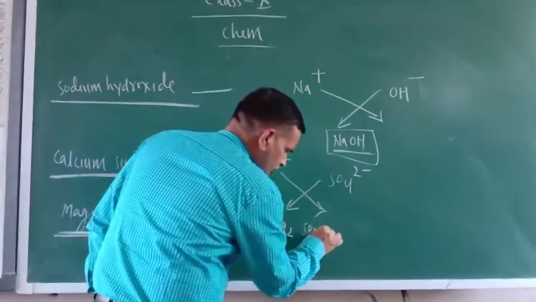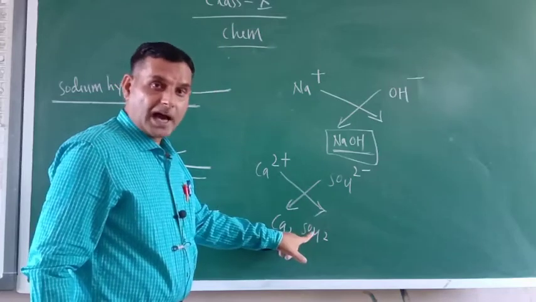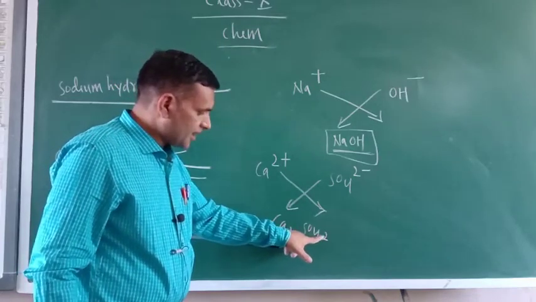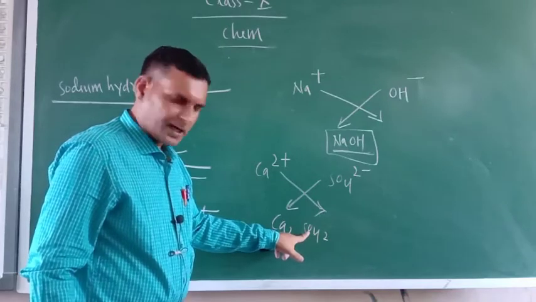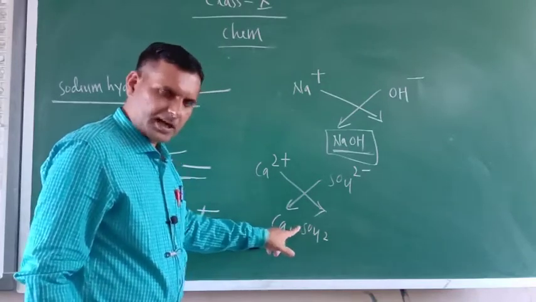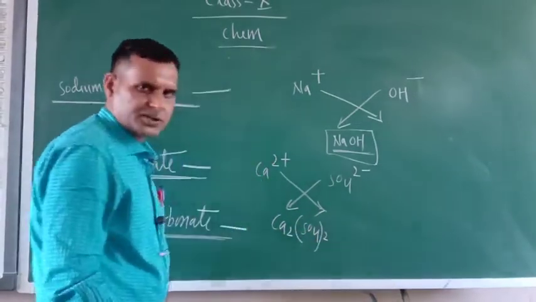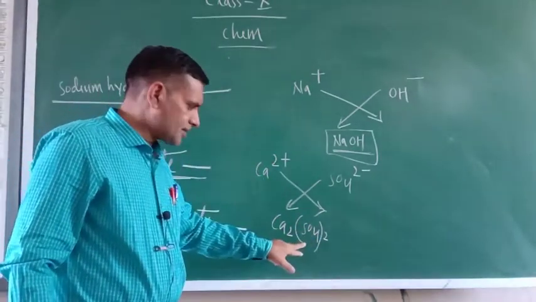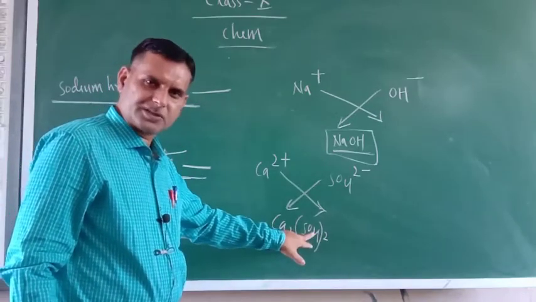Now try to understand. Suppose you write 2 here, it will become SO42. That 2 written here is only applicable for oxygen, not for sulfur. So it is better to write SO4 whole twice 2, meaning this 2 is simultaneously applicable to sulfur and oxygen.